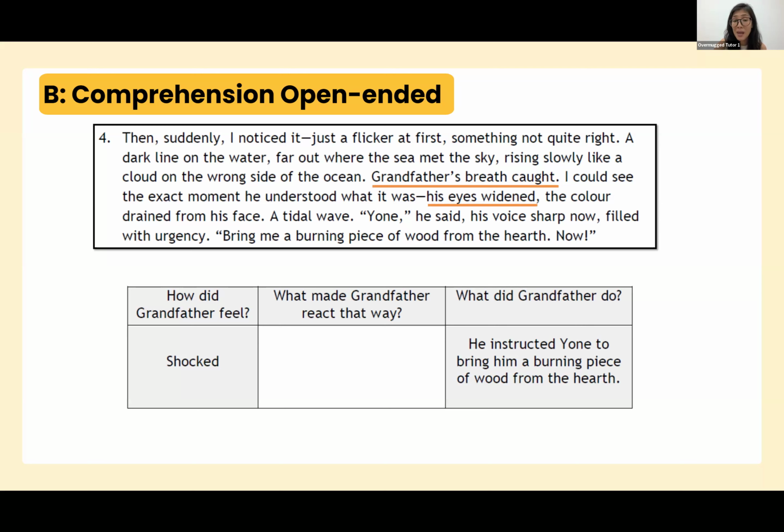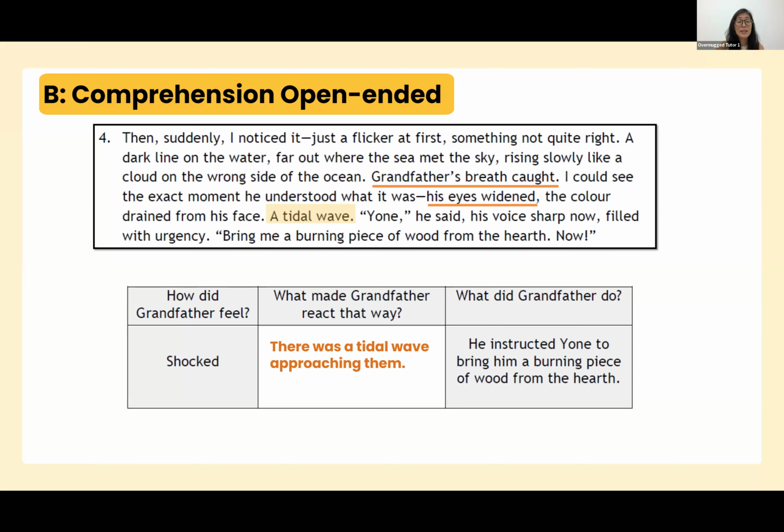So what made Grandpa shocked? Should you be looking before this line or after this line? If you manage to find the clue after, which is this, you would have gotten it right. But you can't simply say, what made Grandfather react that way? A tidal wave. What was so special about this tidal wave? It was approaching them. That would have been a full answer.